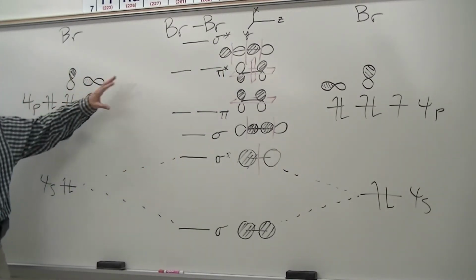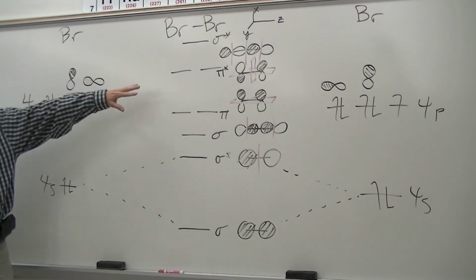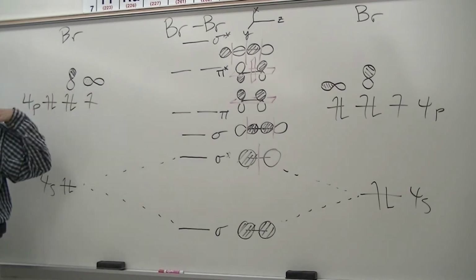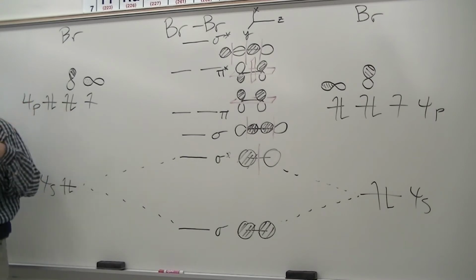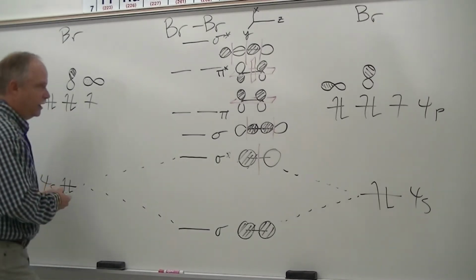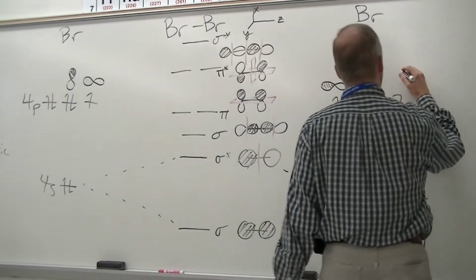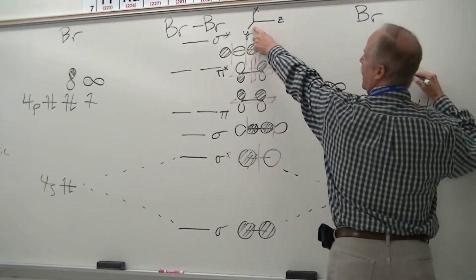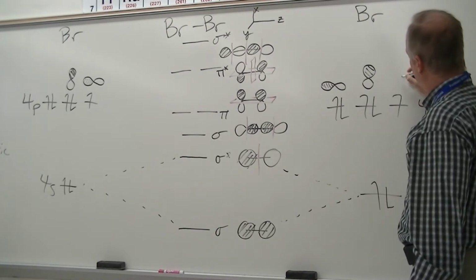Now the others, the PYs, are going to be the same two pictures, but rotated 90 degrees. So they'll be coming in and out of the board. They're a little more difficult to draw, but I'll draw them anyway, so we can do that. How do we draw a PY orbital? Well, look at the y-axis. So it's going to be diagonal.